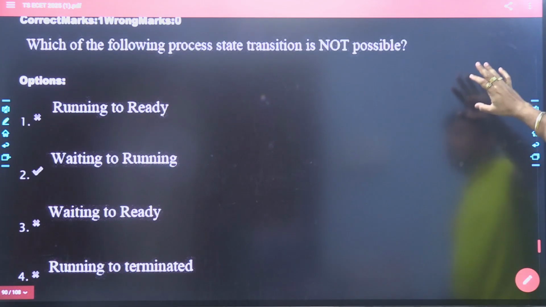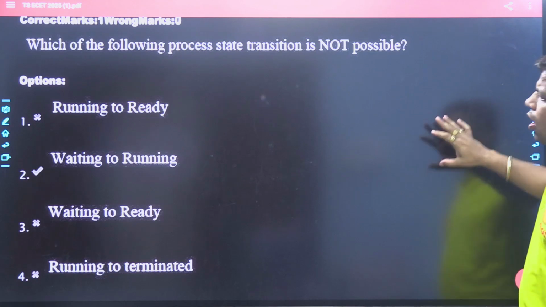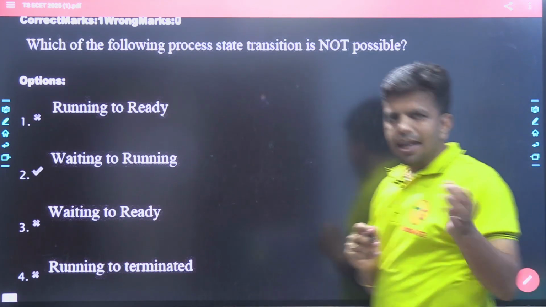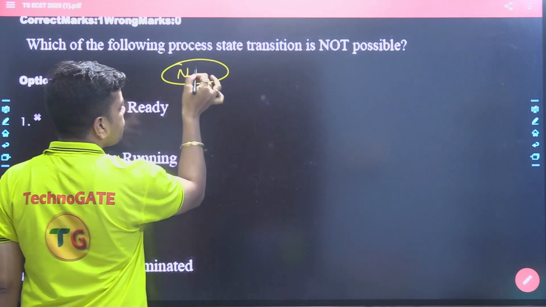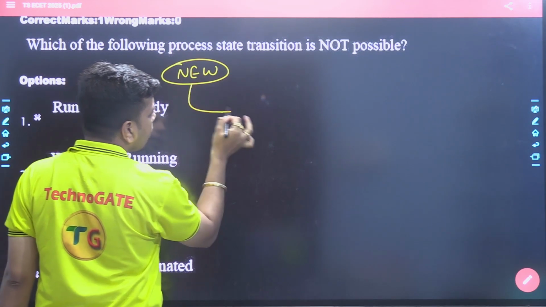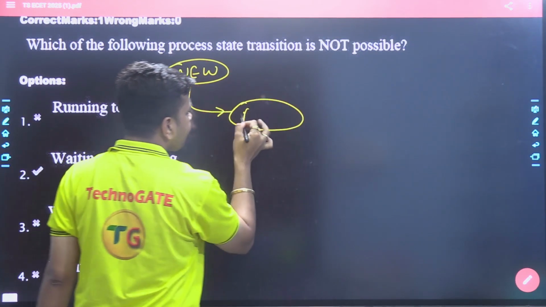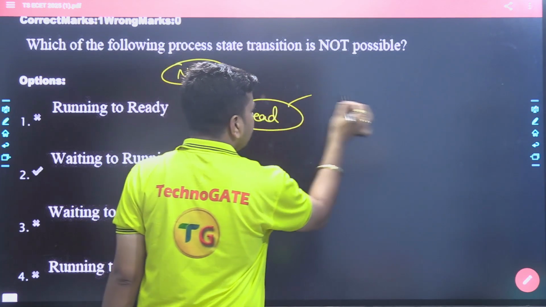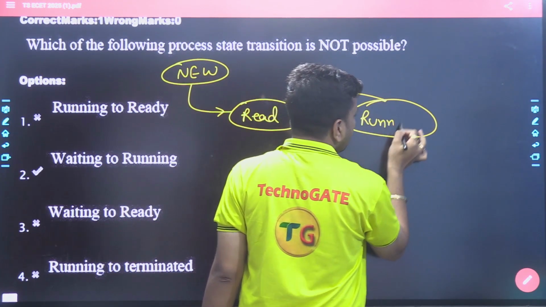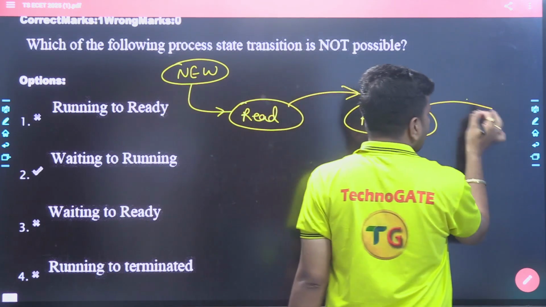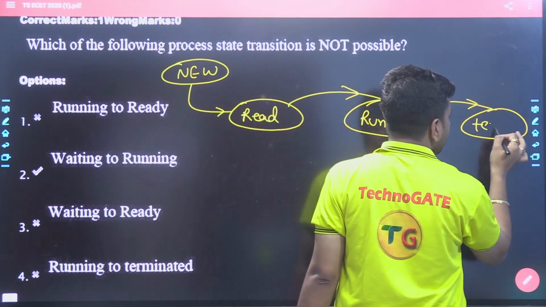Which of the following process state transitions is not possible? I will show you the state diagram. Initially your process is in the new state, then the long-term scheduler sends it to ready. Then the short-term scheduler sends it to running. From running, it may terminate if execution is done successfully.